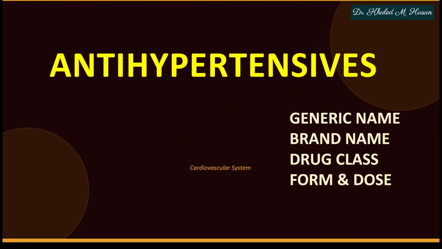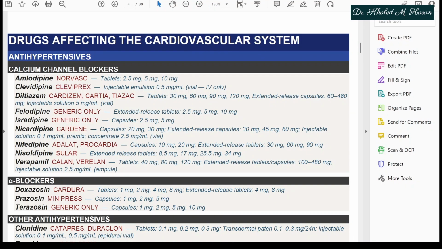Okay, so in the second part of antihypertensive drugs, we are going to present a PDF format to show you the complete set of medications. As you can see here, we have the list of drugs affecting the cardiovascular system. The first topic in cardiovascular clinical pharmacology is antihypertensive medication.